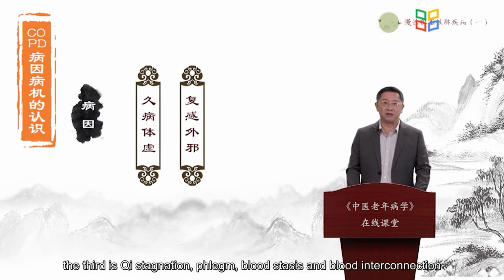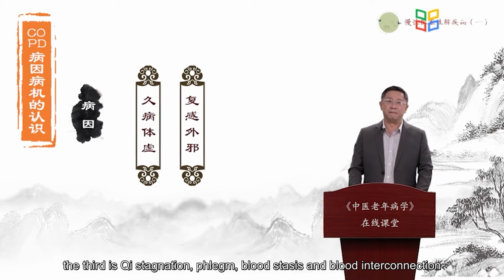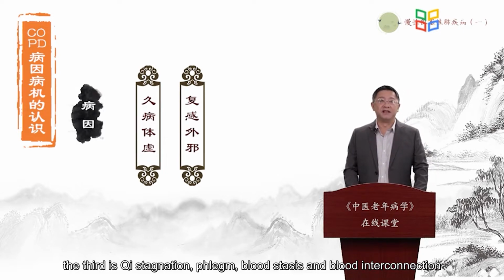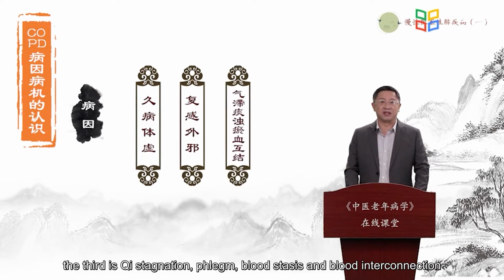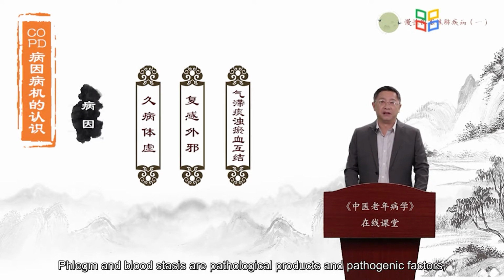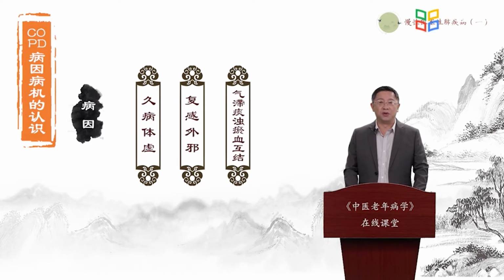The third is the interconnection of qi stagnation, phlegm, and blood stasis. Phlegm and blood stasis are pathological products and also pathogenic factors, and they have the role of reinforcing each other.